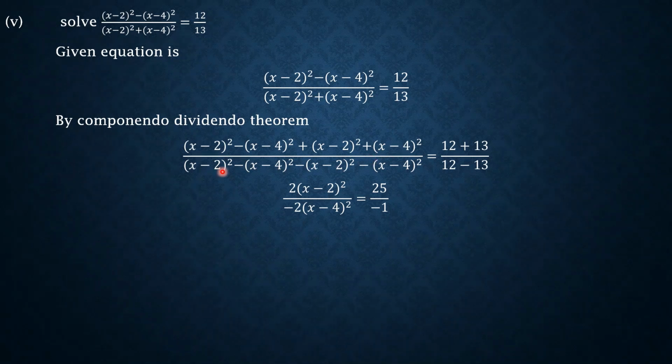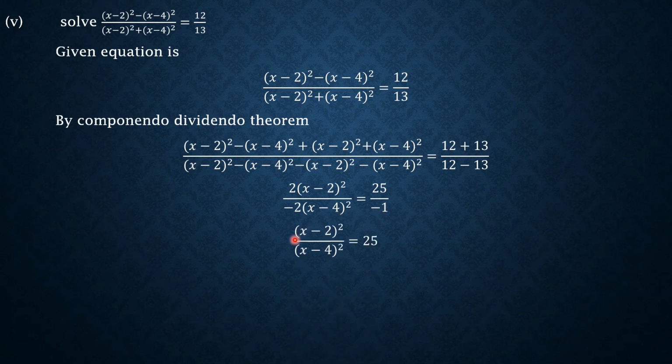Now come to the denominator of this fraction. x minus 2 whole square and minus x minus 2 whole square will be cancelled by each other, and the terms with the same sign, that is minus x minus 4 whole square and minus x minus 4 whole square, will be added, and we have minus 2 into x minus 4 whole square. This equals 12 plus 13 which is 25, and 12 minus 13 which is minus 1.